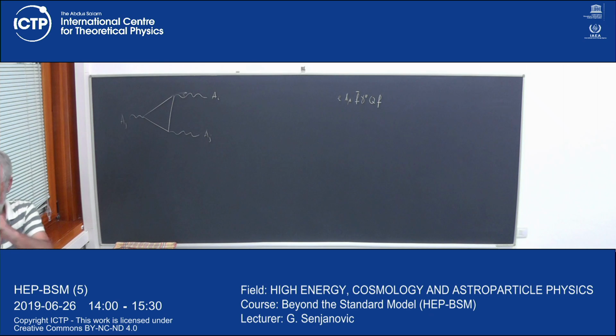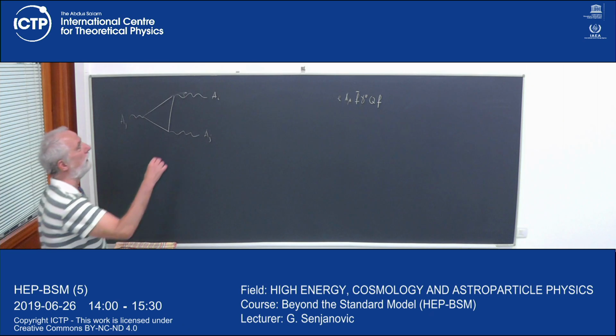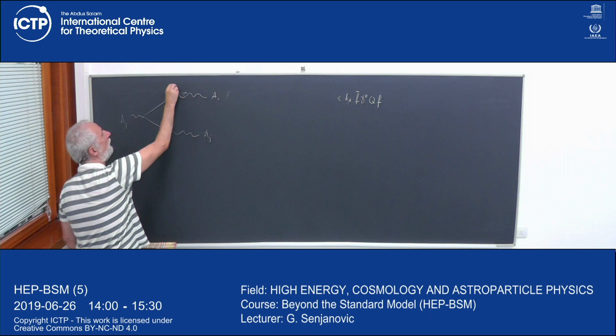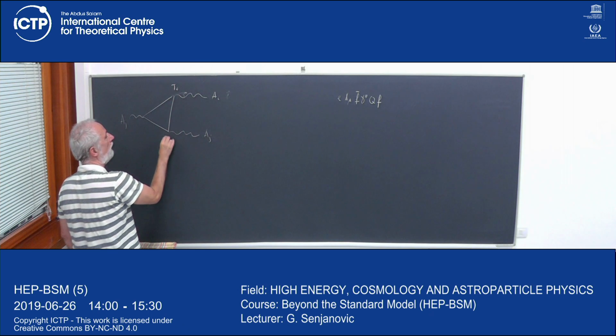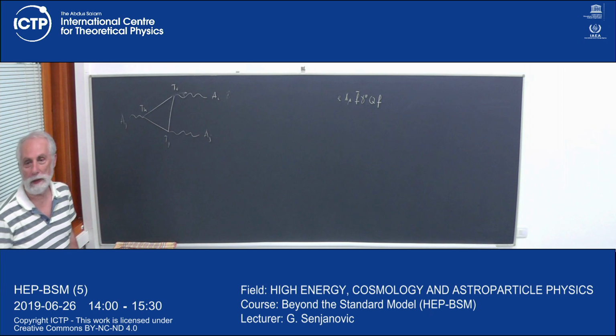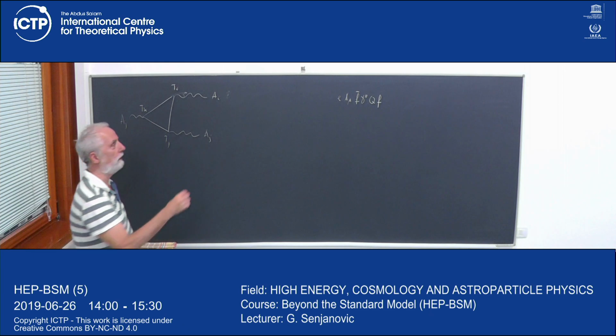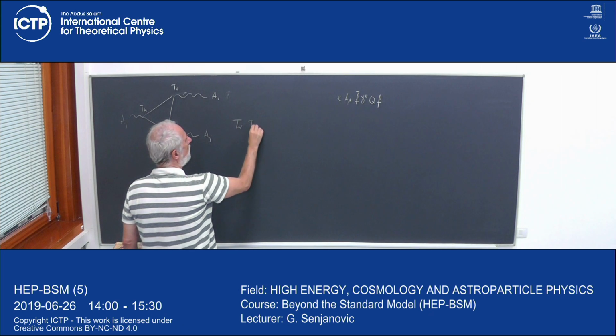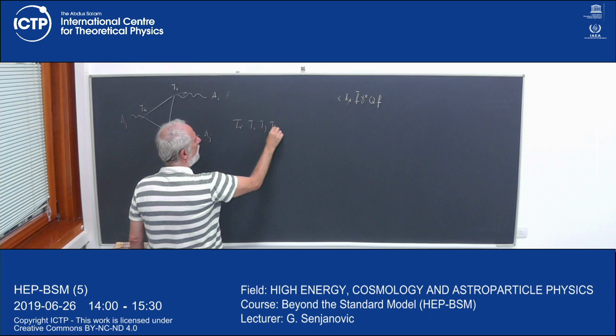But the weak interactions, why are they? Every time there is a gauge boson, there will be an associated generator at the vertex, right? And I have to take a trace of this diagram. And so there will be terms and all possible permutations.